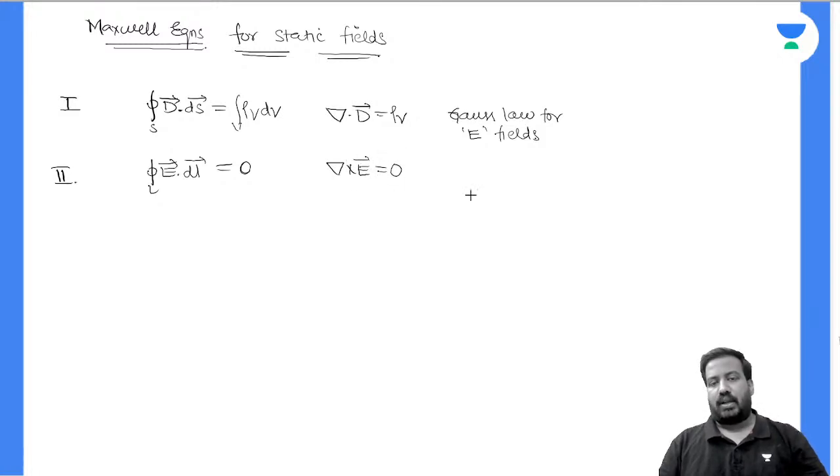Differential form: del cross E is equal to 0. Source: conservative property of electric field. These two are from electrostatics.